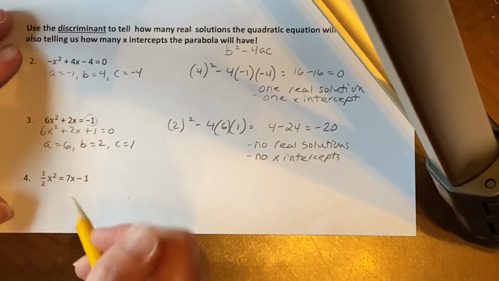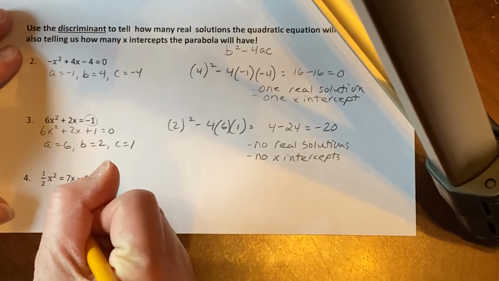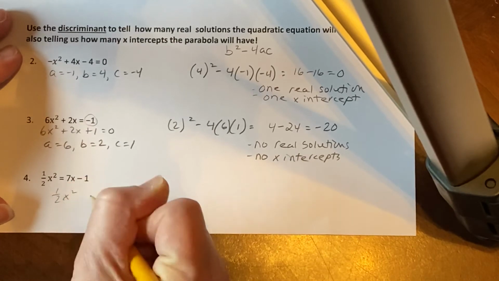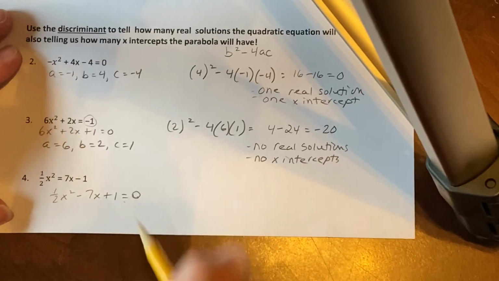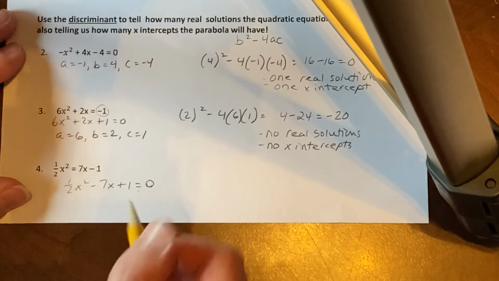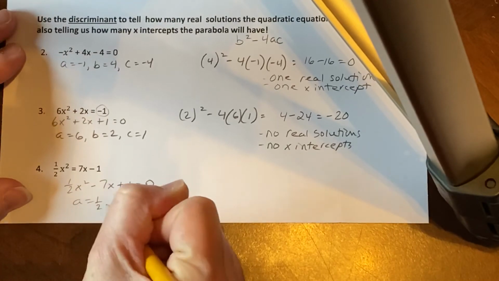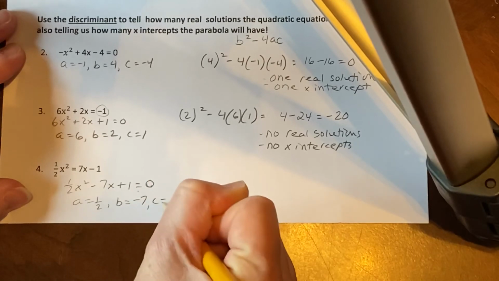The last one is still, again, not set equal to 0. So make sure you do that. If you subtract this and add this, here's your new equation: 1/2 x squared minus 7x plus 1 equals 0. So that's rewritten the way that you want it. Now set A is 1/2, B is negative 7, C is positive 1.